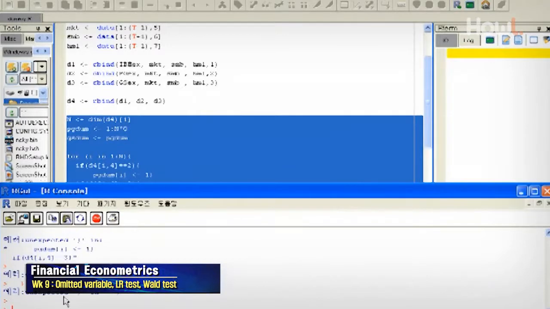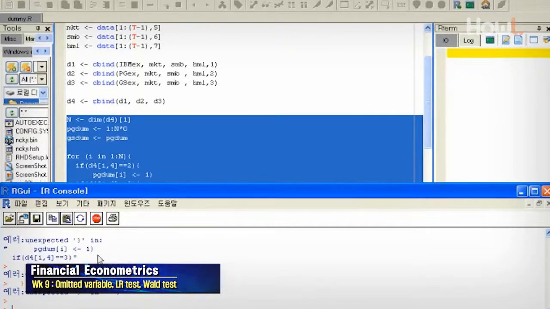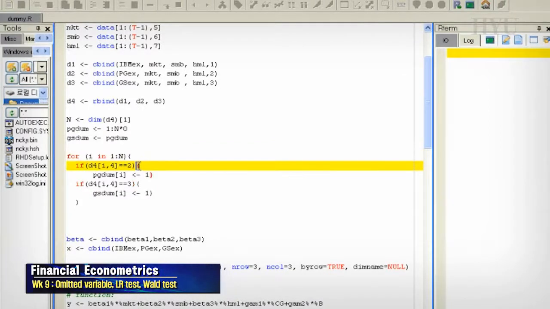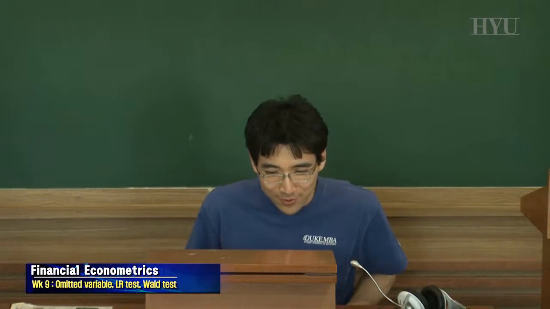Error. Unexpected. Where's the error? Again.